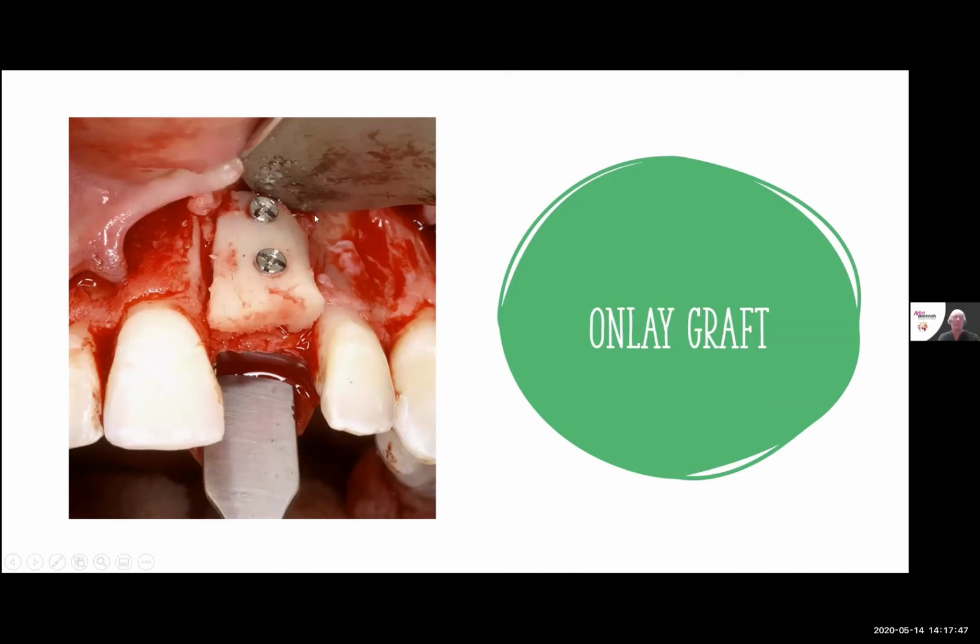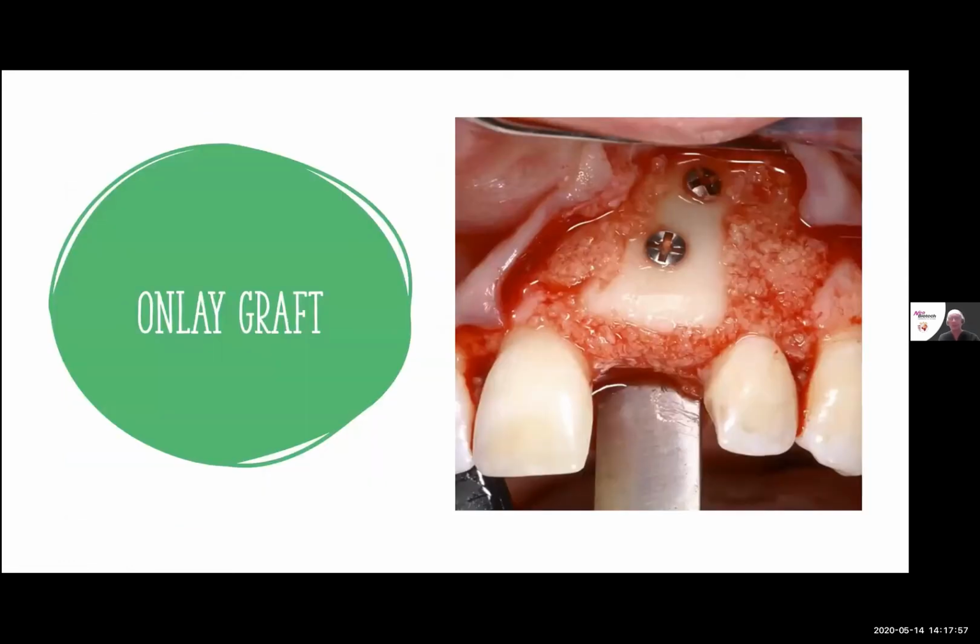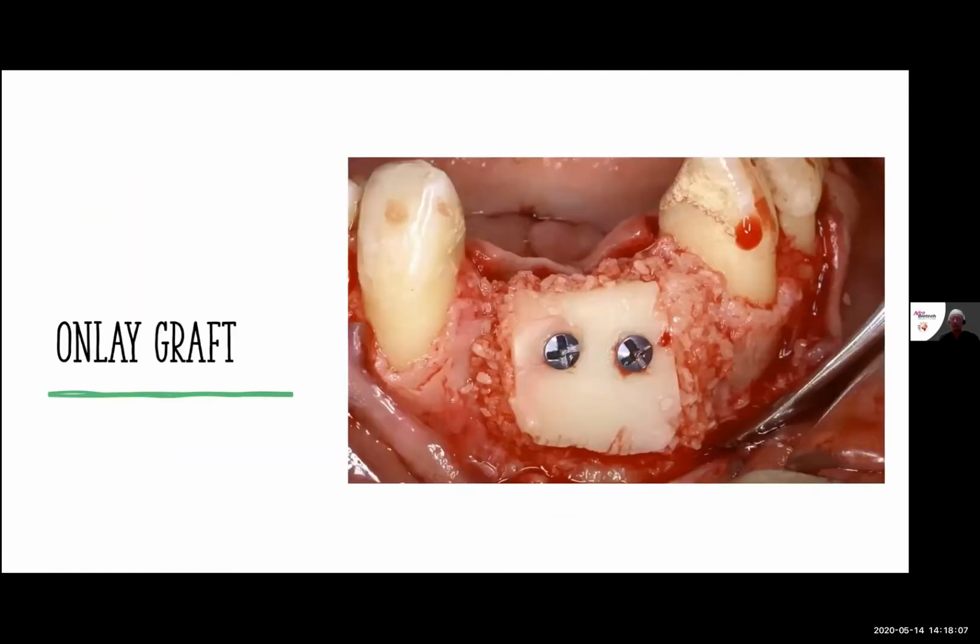After the recipient bed has been prepared, you still need to have bleeding coming through to this donor bone, as with any donor bone. And then once you've got that stabilized in place, I typically choose to place a secondary particulate graft around that, and then finish up with membranes over the top of that.